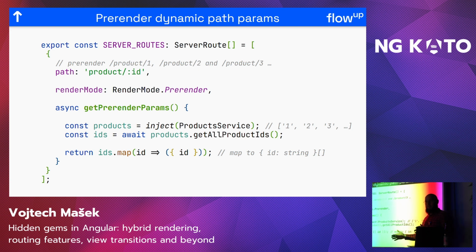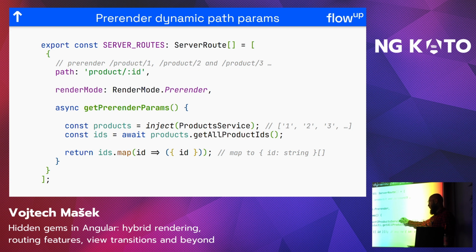You have all the blogs stored somewhere in, I don't know, a CMS, Contentful, some headless CMS, and you don't know what all of your slugs for the articles are, or what all of the products that could eventually be in the eShop are.